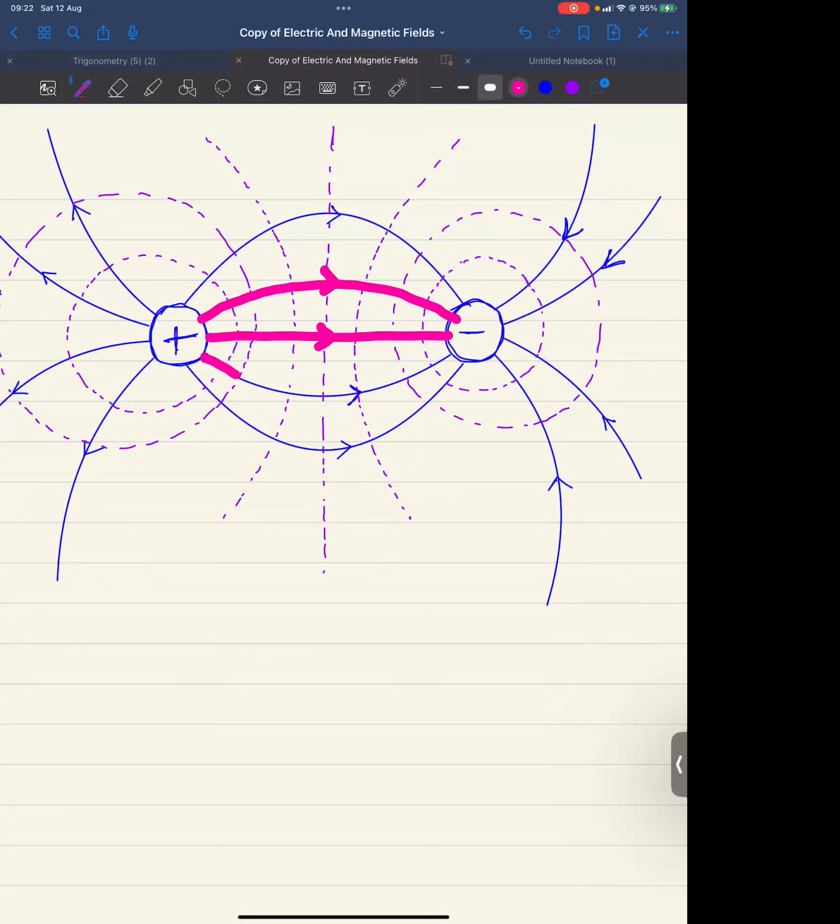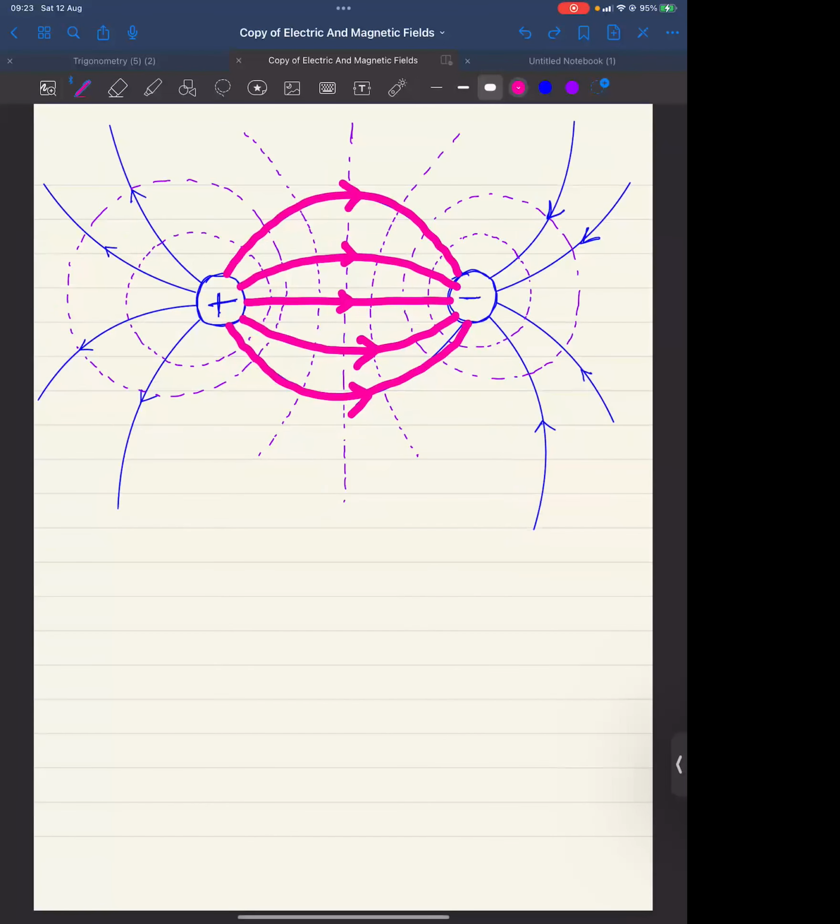These are the electric field lines. And the field lines will be perpendicular to the charge when moving away from it. So it will be towards the negative charge and away from the positive charge.